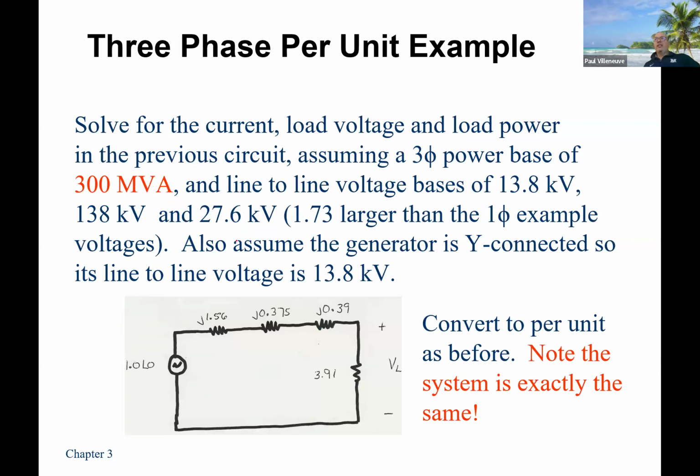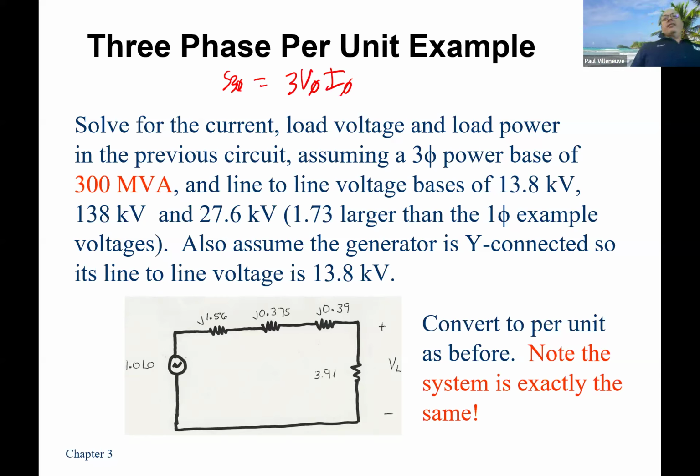So let's do the, go ahead. Because if you remember in a Y, let's go ahead and do S 3-phase is equal to 3 V phase times I phase, right? Correct?